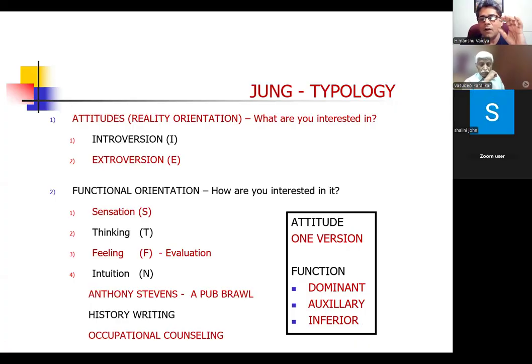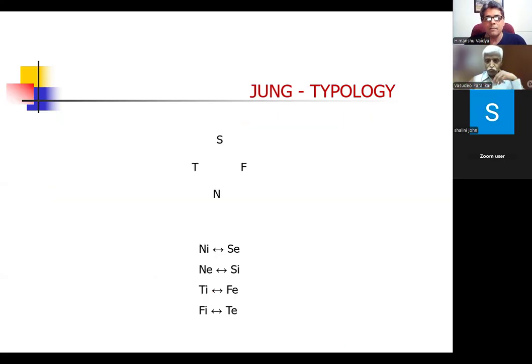So for Jung's theorization further, what is important is that out of the four functions, one is dominant. There is another which balances the dominant, called auxiliary, and there is the weakest function called the inferior function. Now let us go further to see what it means.